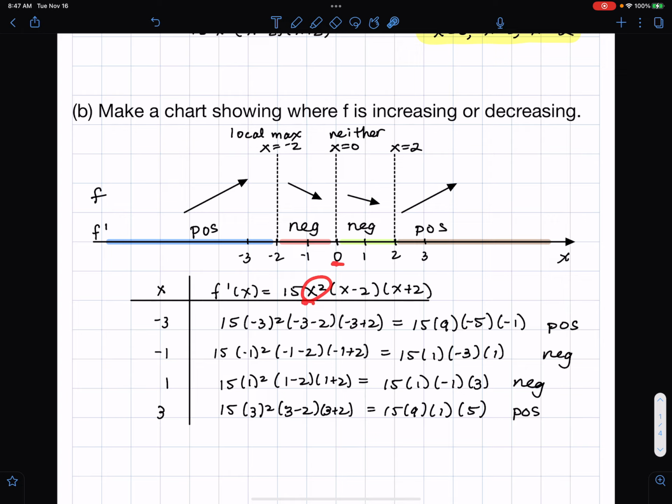Here's x squared equals 0, of course. x squared is always positive, so x squared doesn't change sign, but f prime does change when x minus 2 is 0, which is 2, and x plus 2 is 0, which is negative 2. It has to do with the power being x squared. All right, so anyway, we did that, and let's say that this is a local min.